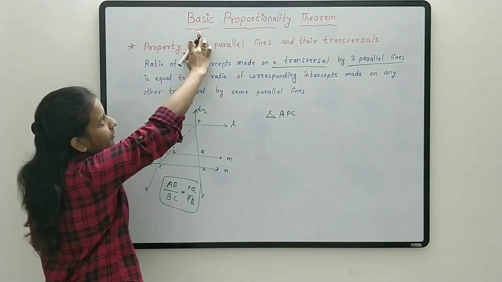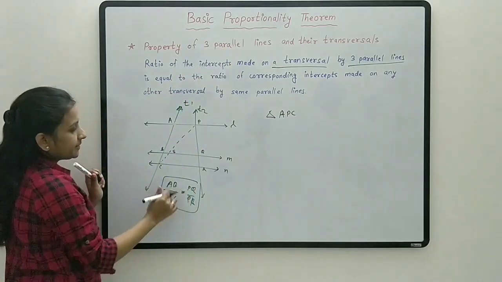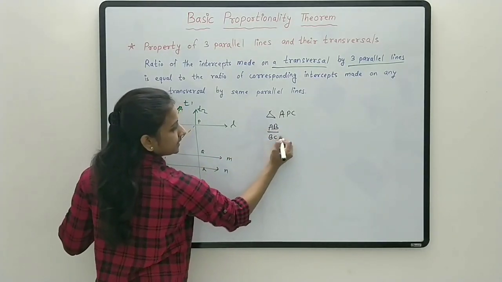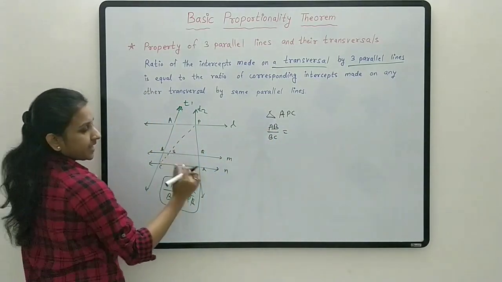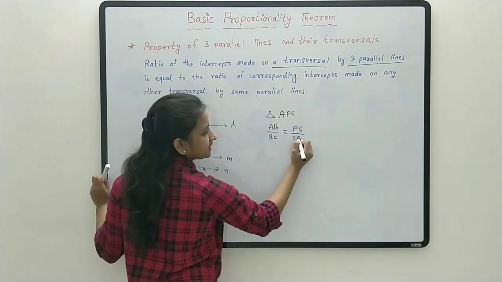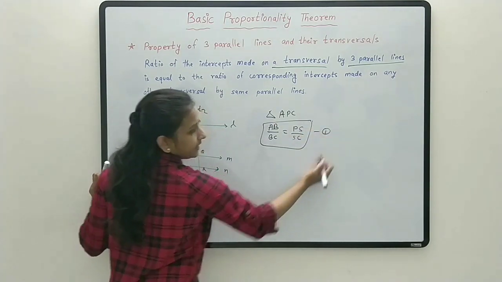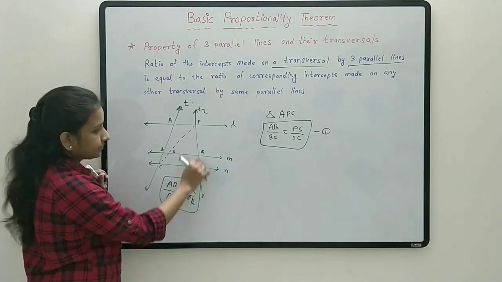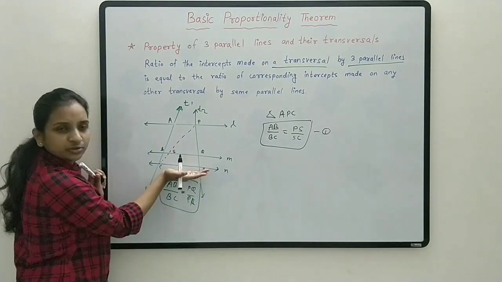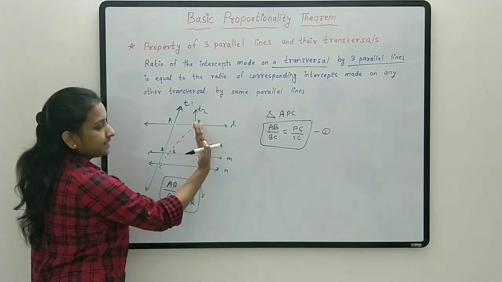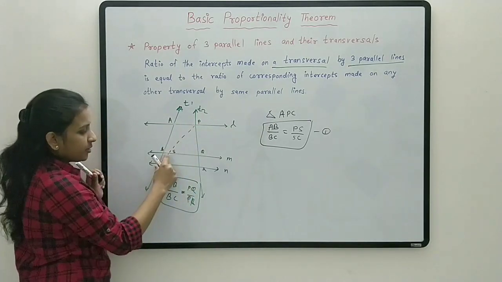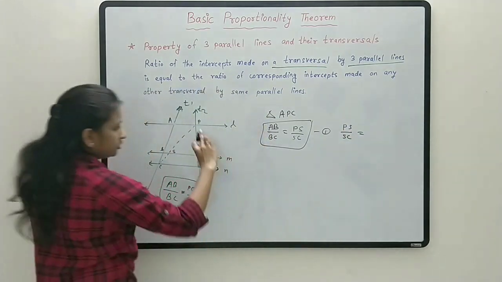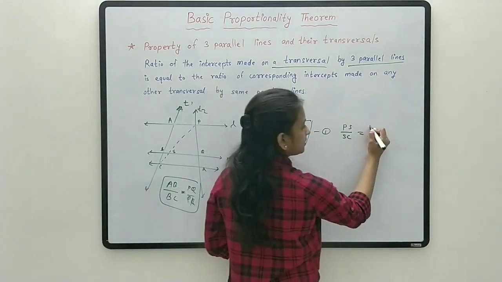So using the basic proportionality theorem, we can say AB by BC is equal to PS by SC. Just now we have seen this. Now let's consider triangle PCR. SQ is parallel to CR. So these sides are in proportion. PS upon SC is equal to PQ upon QR.